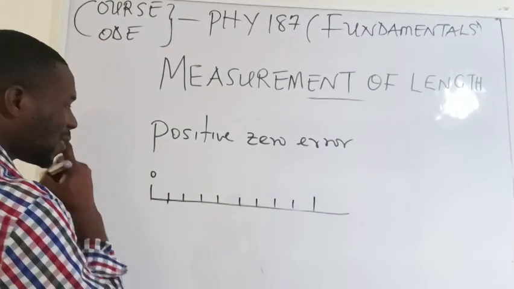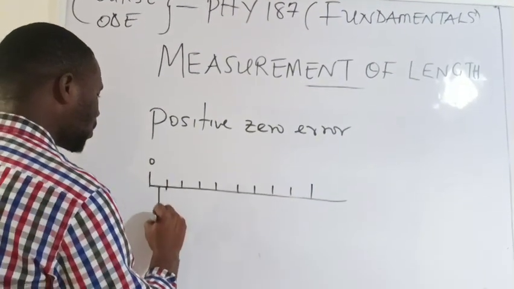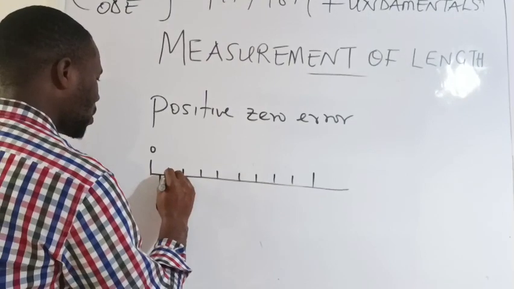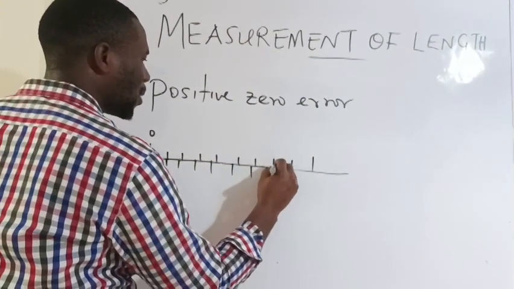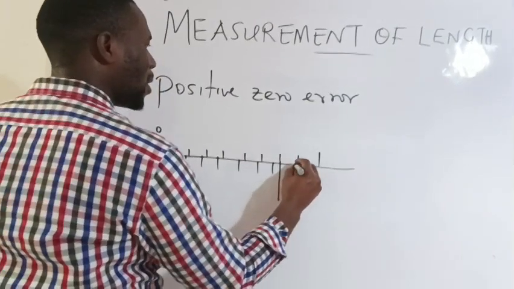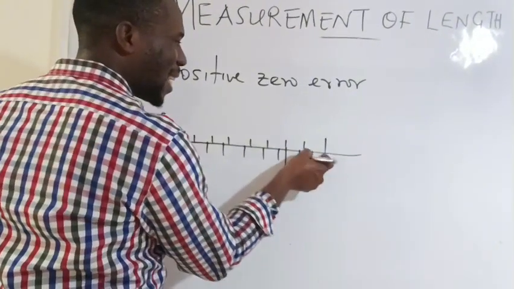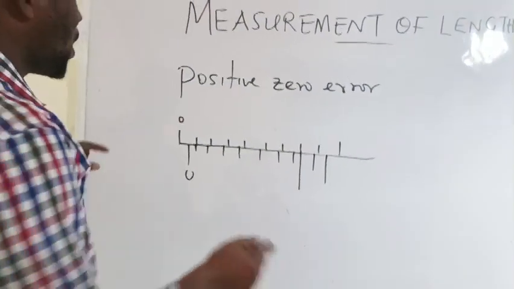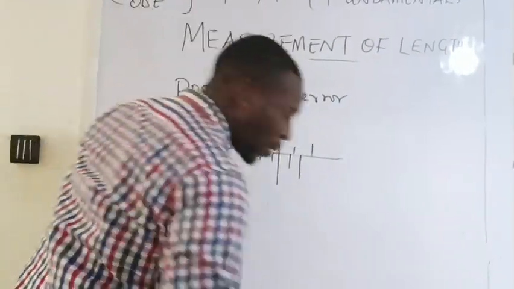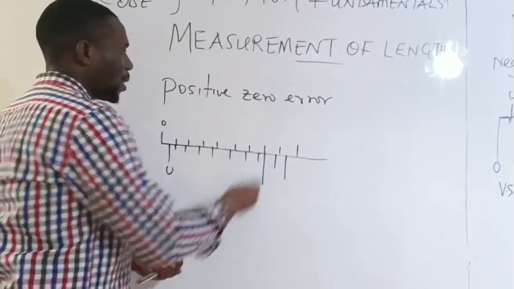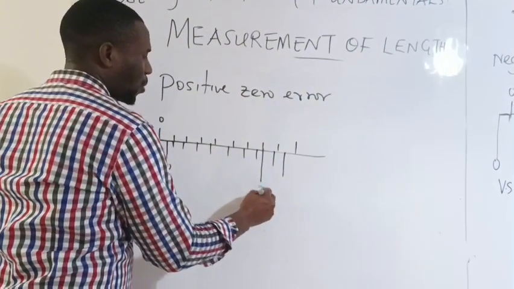And let me fit in 10 divisions here. So let's say this is the 0, 1, 2, 3, 4, 5, 6, 7, 8, 9. Can you see 10? There is a gap left here. So can you see now that the 8th mark on the vernier merges with the main scale division?